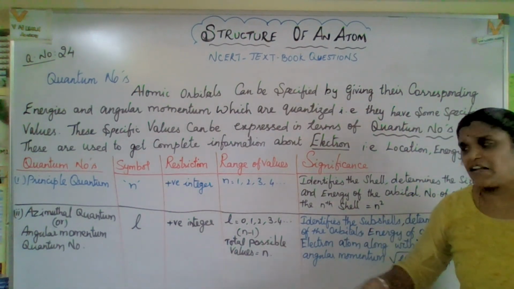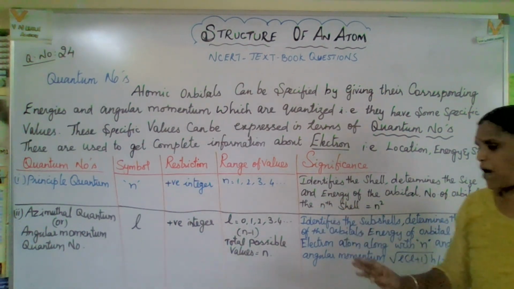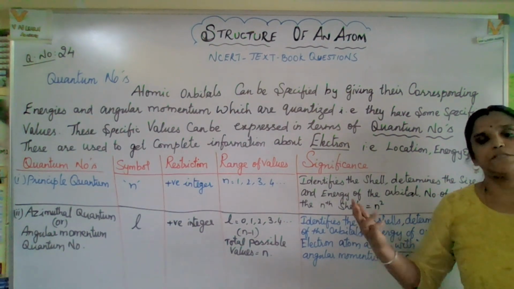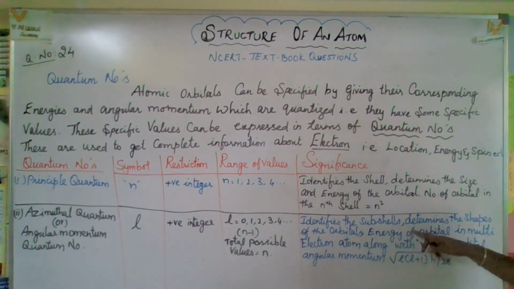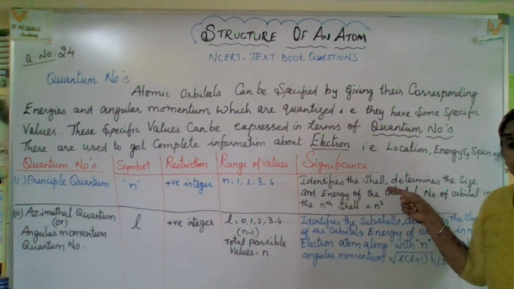What does the azimuthal quantum number identify? It identifies the subshell: S, P, D, F. It determines the shape of the orbital, whereas the principal quantum number shows the size of the orbital.